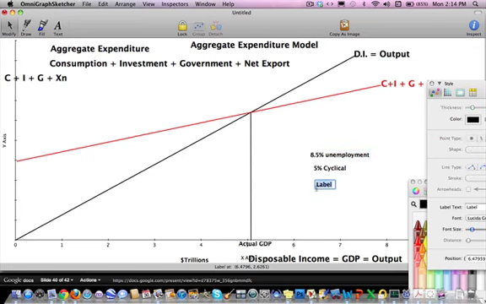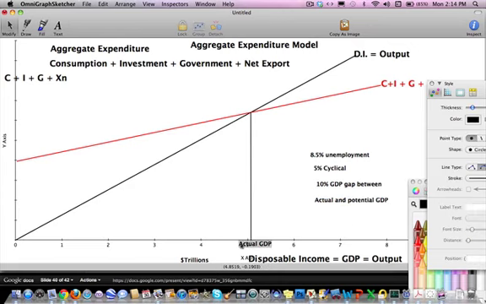So we know from Okun's law that we have almost like a 10% GDP gap between our actual and potential GDP.